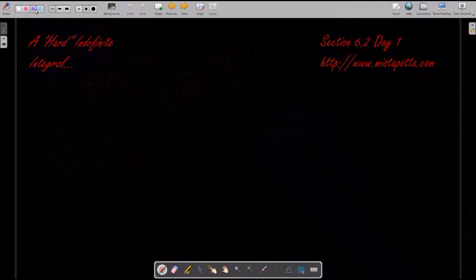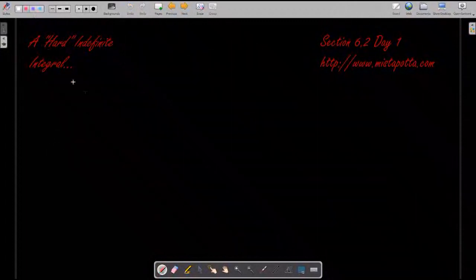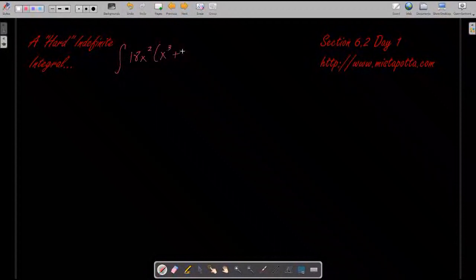The idea behind this is that if I want to deal with the integral of 18x squared times x cubed plus 4 to the 5th power dx, this is a hard indefinite integral. So I'm going to have to undo the chain rule.